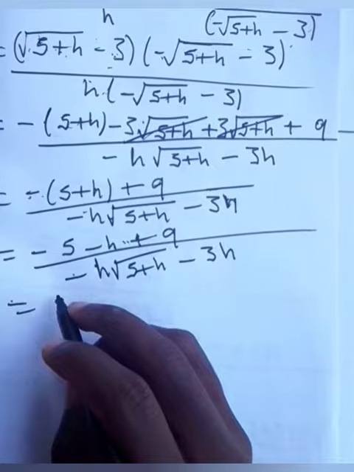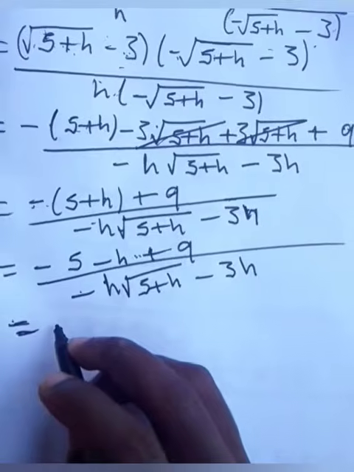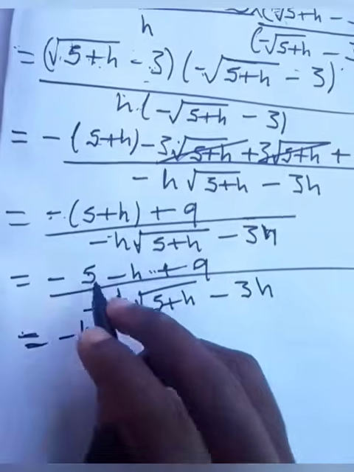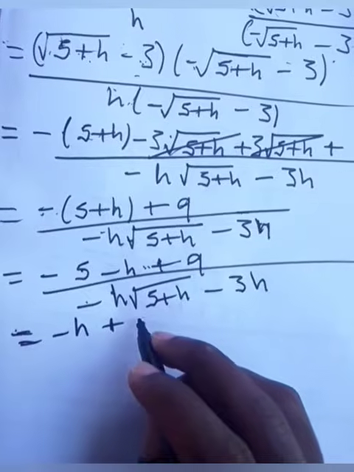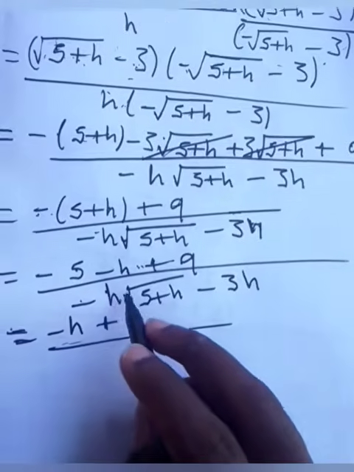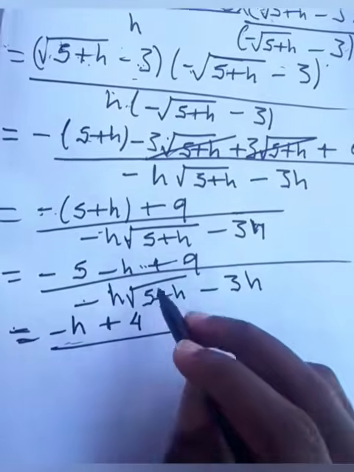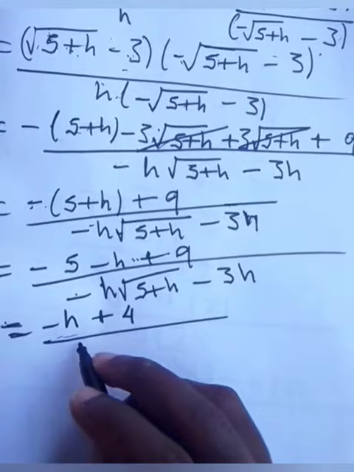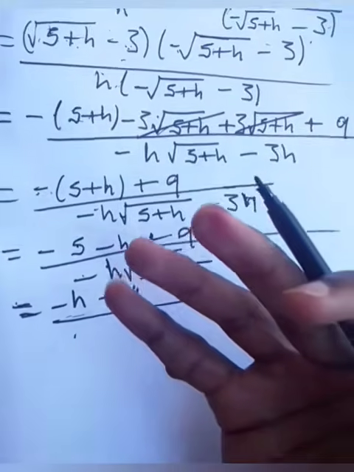So I'm going to simplify this. Here I have negative h, and I'm going to have positive 4, right, over the denominator. Let me just factorize h on the denominator, because mathematically in this situation we have to factorize the h so that we end up with sensible expressions.